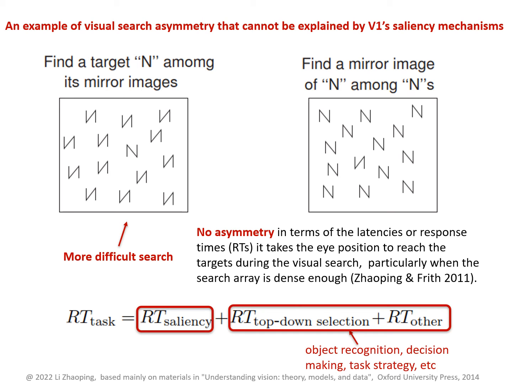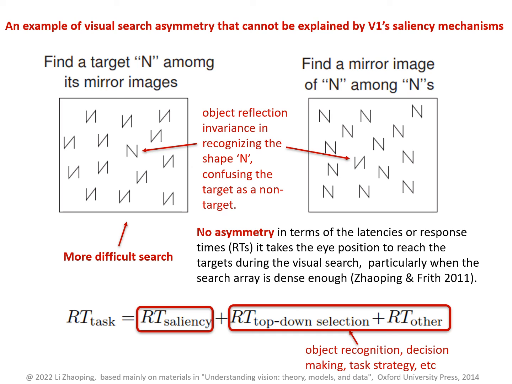And this non-saliency component can come from object recognition, decision-making, strategy, etc. And from the book and the original literature, you can see that there is a mirror reflection invariance in object recognition, and this invariance confuses the target as a non-target. And this confusion often occurs when the eye gaze position reaches the target, and then the gaze often abandons the target to continue to search elsewhere before it eventually comes back to the target and realizes that this is indeed a target. And this confusion substantially increases this non-saliency component.